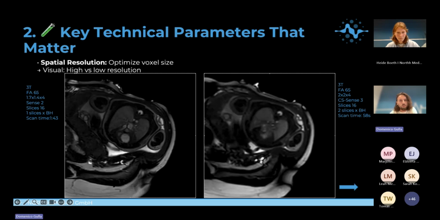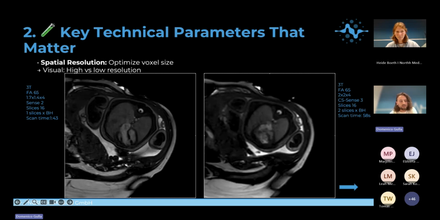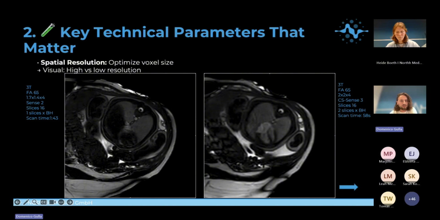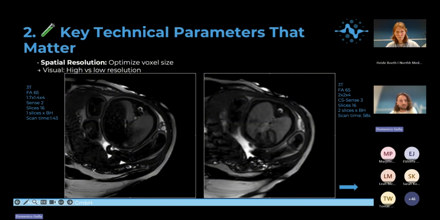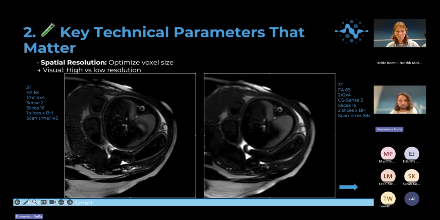And of course, why do that? Because on the right side, the sequence is faster, shorter than 1 minute, with 2 slices per breath-hold. So you can expect some blurring or ghosting, but of course the resolution is completely different.